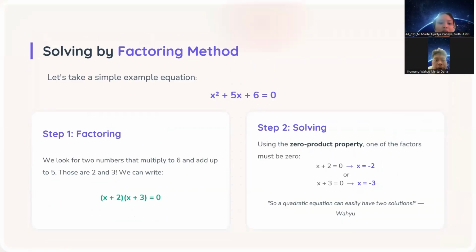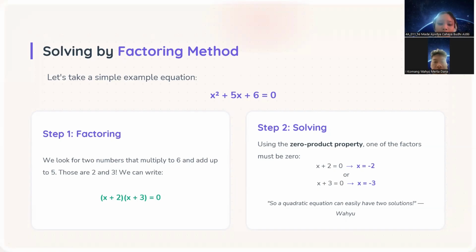Next we have solving by factoring method. In quadratic equations and functions, there are separate methods: the factoring method and the quadratic formula method. The first is the factoring method. You can see the example on the screen: x squared plus 5 times x plus 6 equals 0.